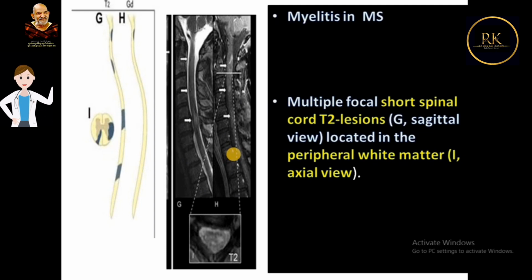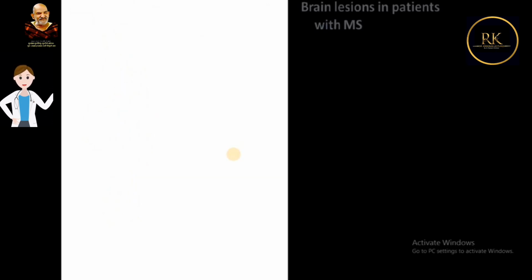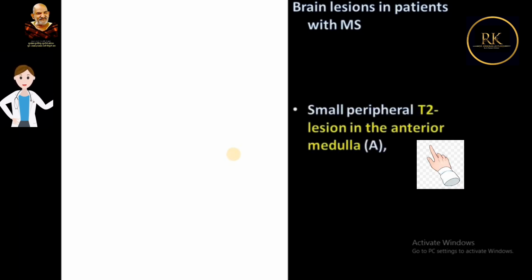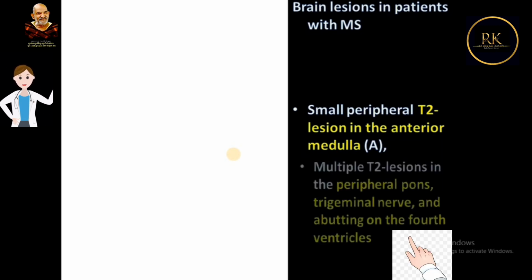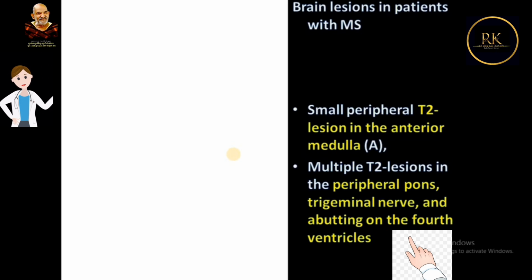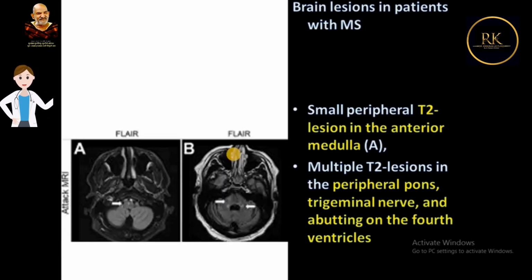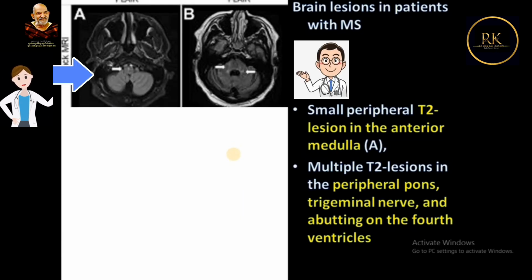Brain lesions in patients with MS include small peripheral T2 lesions in the anterior medulla, as well as multiple T2 lesions in the peripheral pons, trigeminal nerves, and adjacent to the fourth ventricle. This MRI shows small T2 lesions in the anterior medulla, as well as lesions in the peripheral pons, trigeminal nerves, and adjacent to the fourth ventricle.